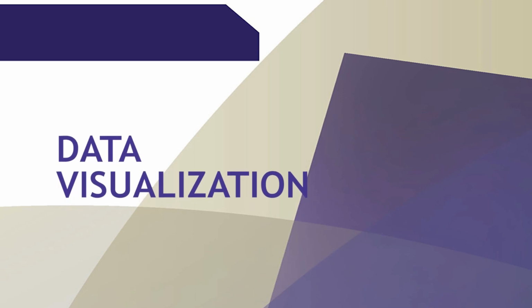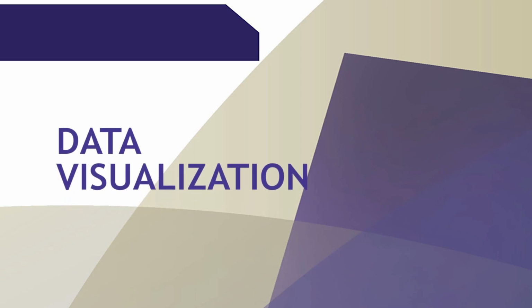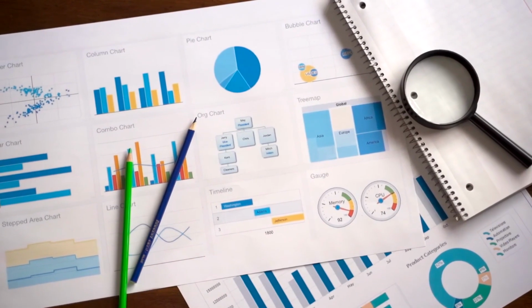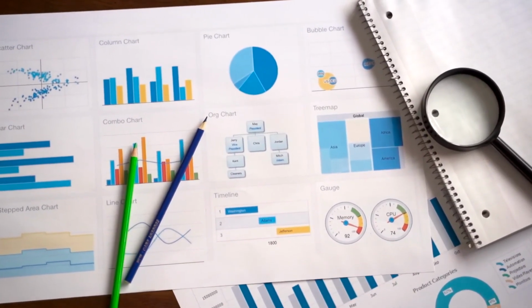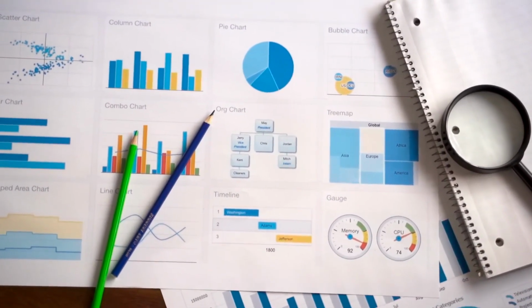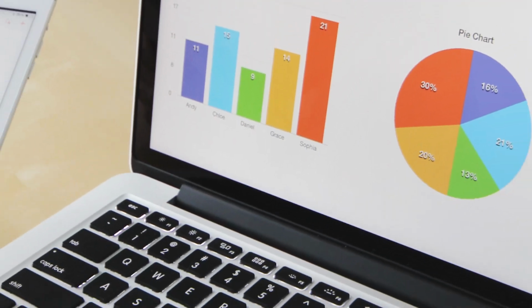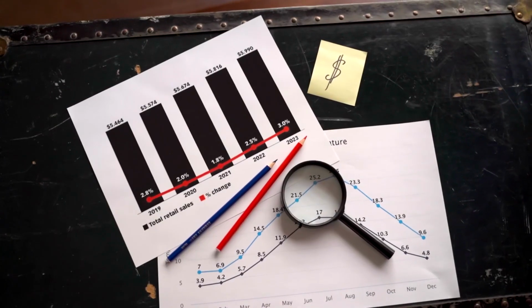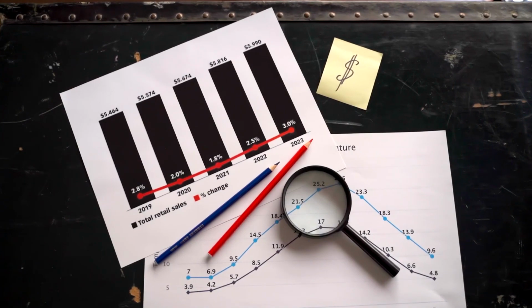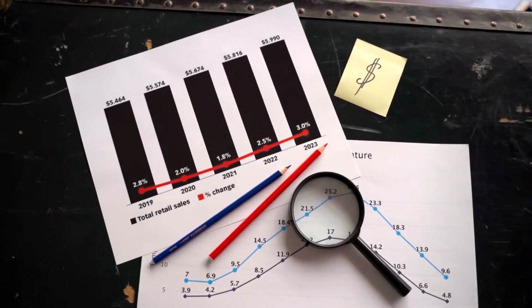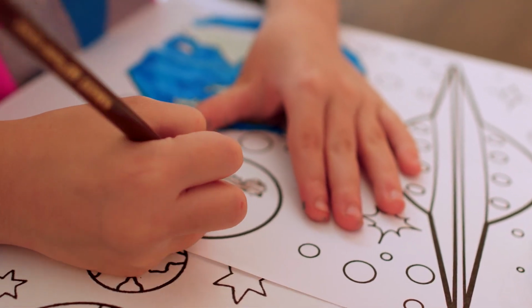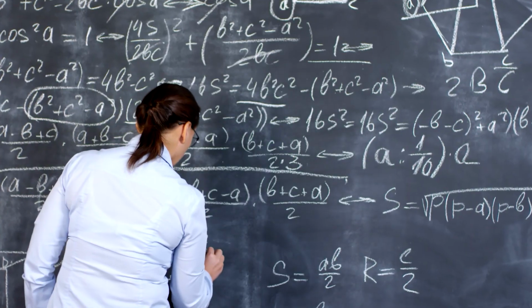Data visualization. Use graphing tools and applications to help learners analyze and interpret data. Visualizing data through charts and graphs can assist learners in drawing conclusions and making connections between scientific and mathematical concepts.